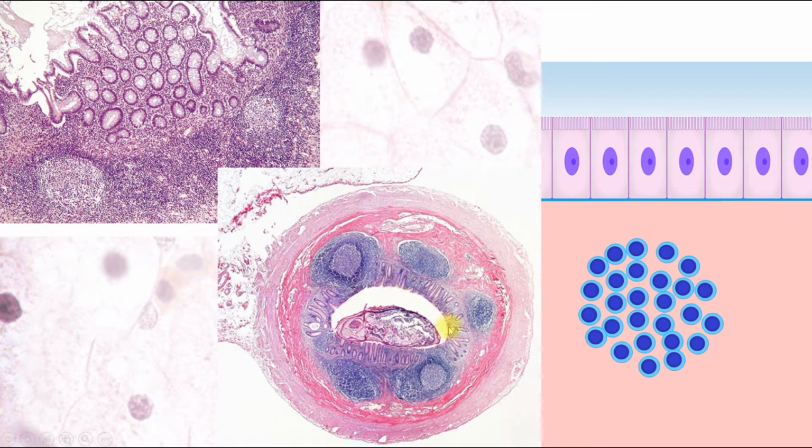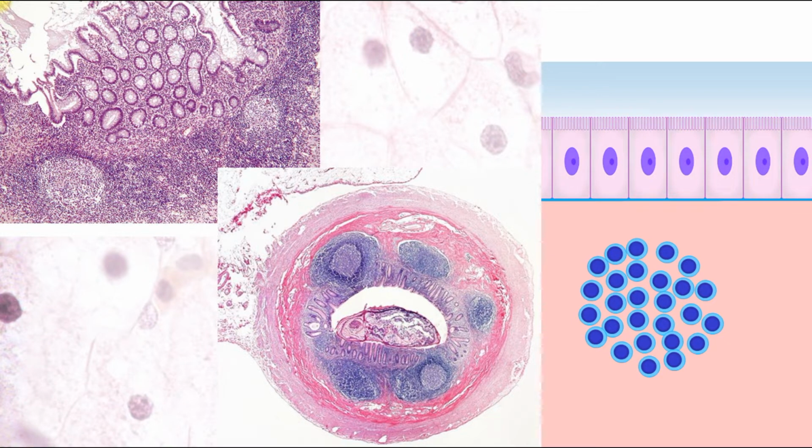Here we can see lumen of the organ, and different bacteria are present here, but lymphocytes protect the underlying wall from different harmful factors. It's mucosa-associated lymphoid tissue, and it includes gut-associated lymphoid tissue, which is present in gastrointestinal tract, or it's called GALT, bronchus-associated lymphoid tissue, which is present in respiratory system, and also it includes SALT, or skin-associated lymphoid tissue, which is located in the connective tissue of skin.